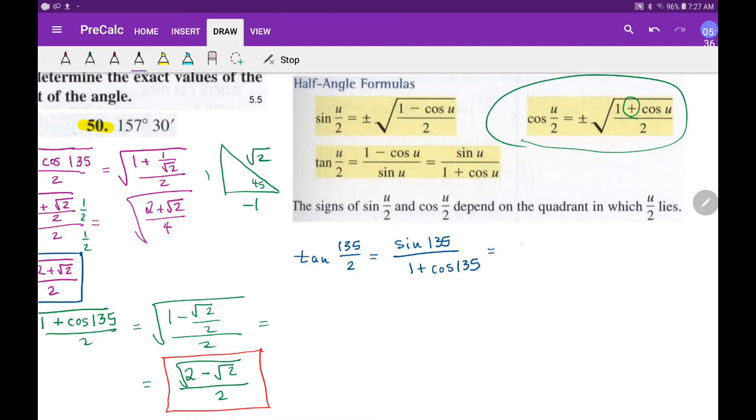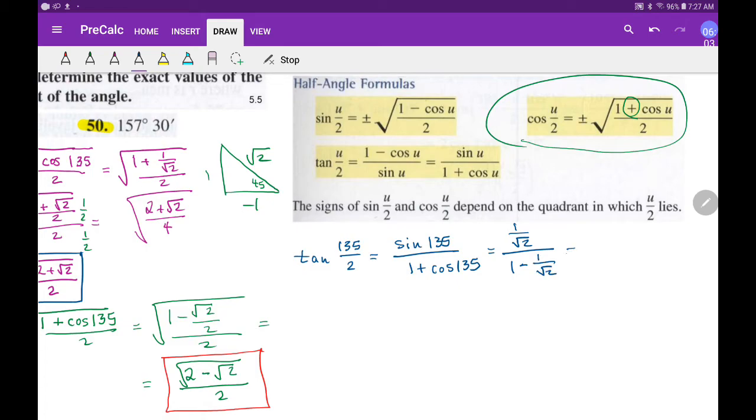The sine of 135, by the way, no square root sign, just notice that. The sine of 135, well, that looks like 1 over the square root of 2, right? And on the bottom we have, we're going to say negative, because we know the cosine of 135 is in quadrant 2. So that's 1 over the square root of 2 down there.